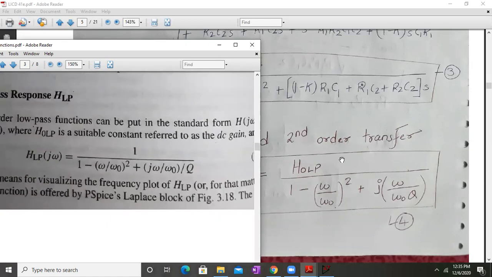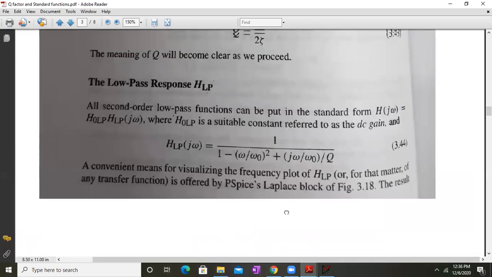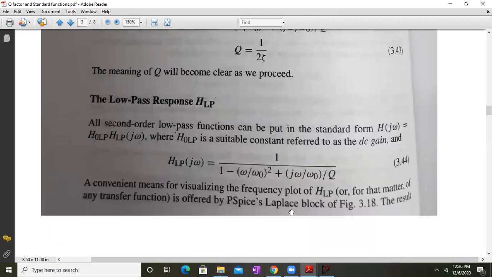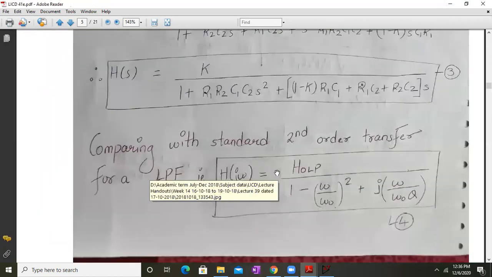So here we have H_OLP divided by minus (omega upon omega naught) square plus j (omega upon omega naught) divided by Q. So this is the generalized standard transfer function for a low pass filter. That's what I wanted to show. Now we'll continue from here on.